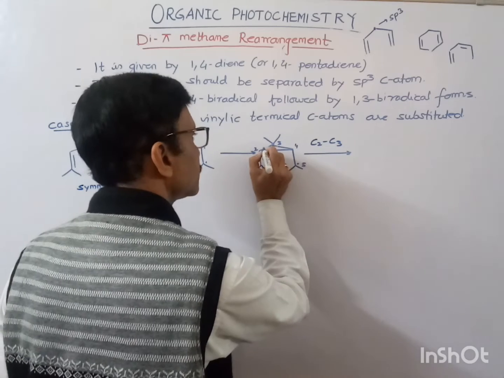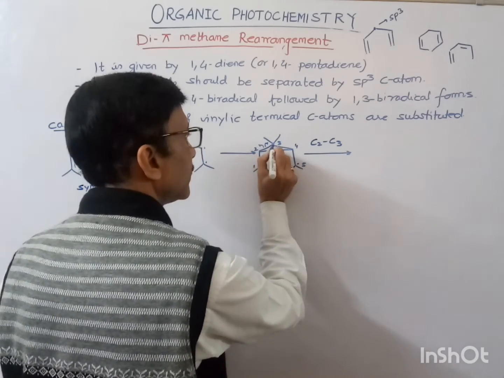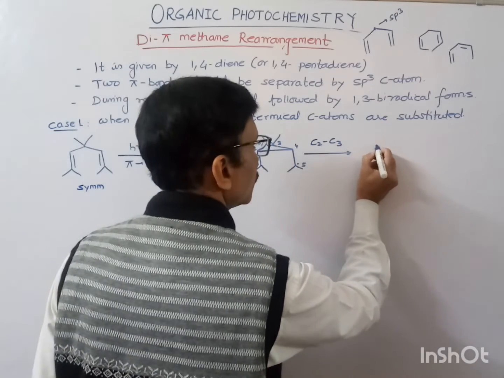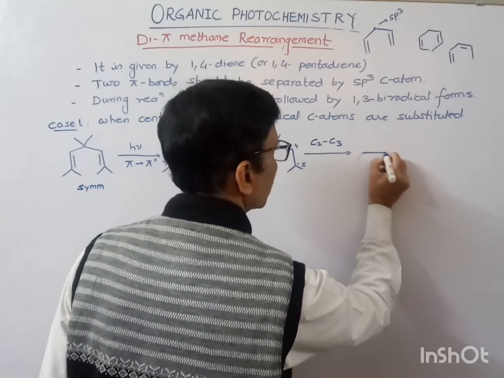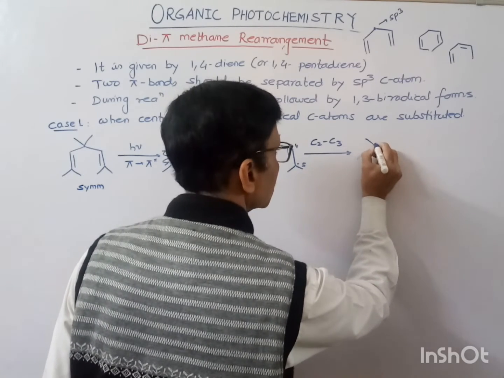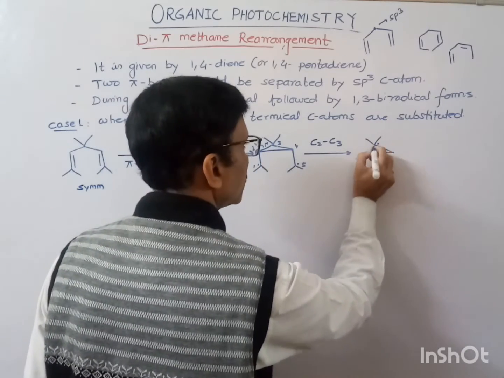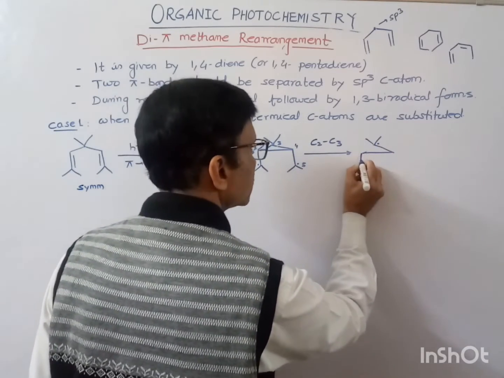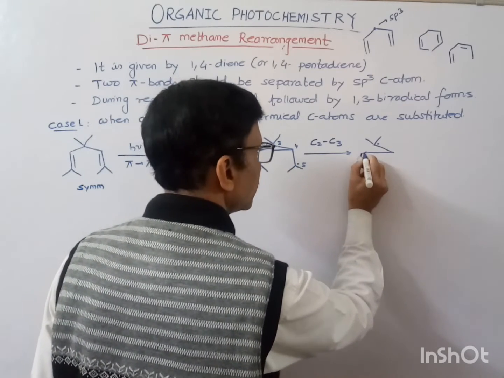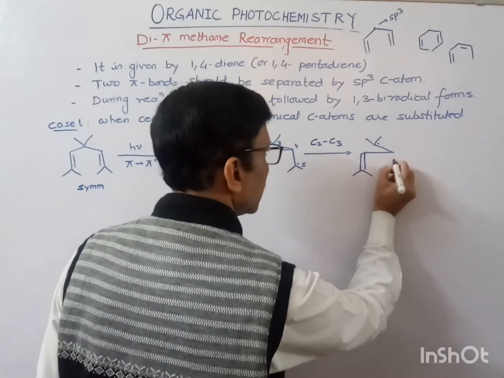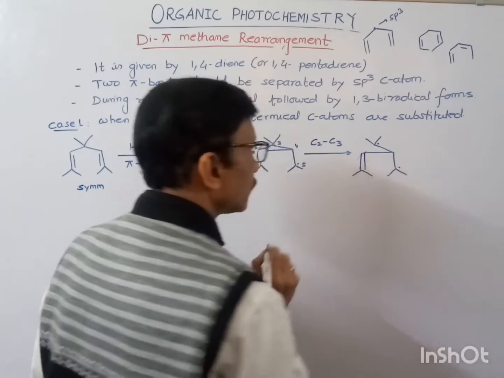Breaking this bond, one radical comes at C3 and another radical comes at C2, and the radicals at C2 and C1 may form a pi bond, and we have this radical at C5 also.